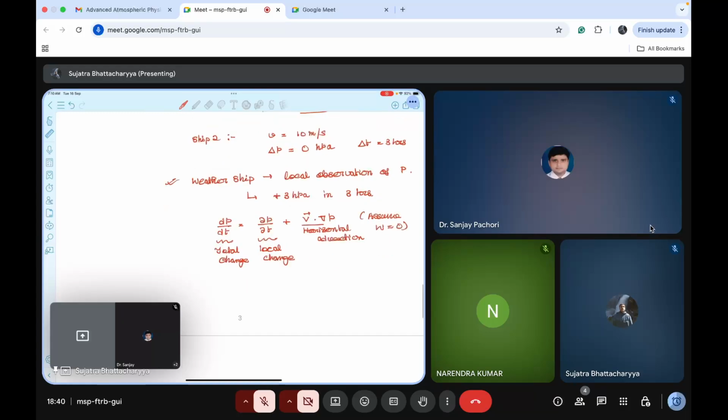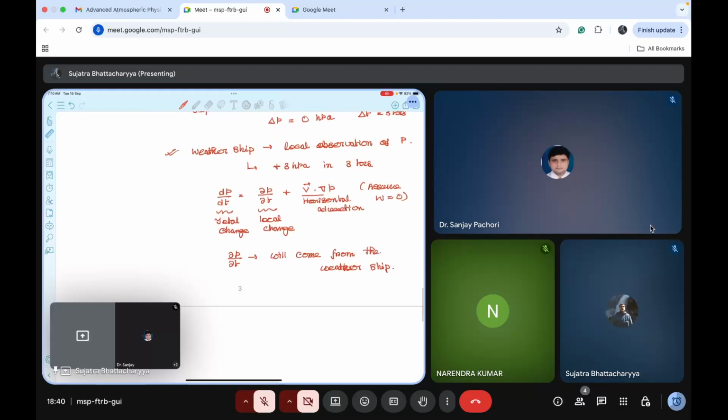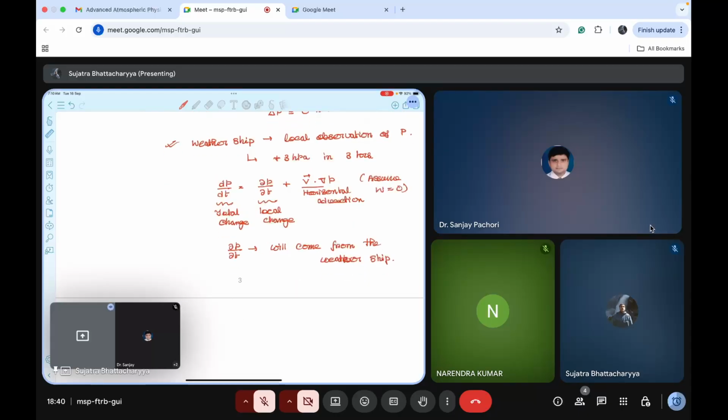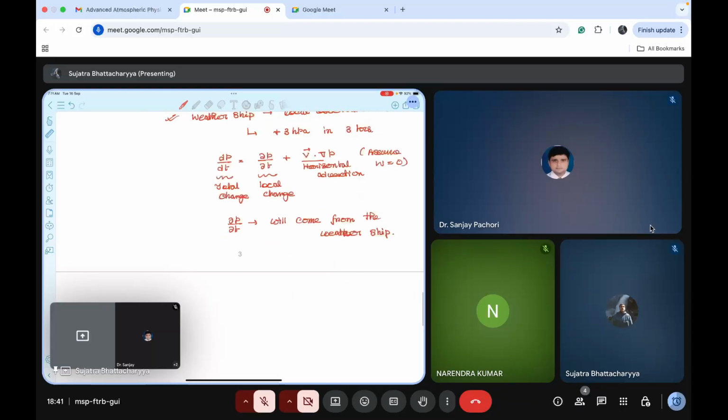So ∂P/∂t, which represents the local change, will come from the weather ship. What about the total change?